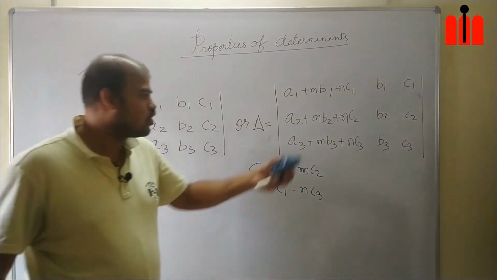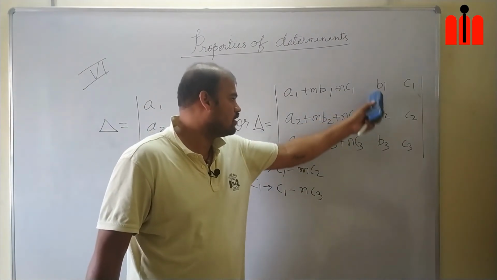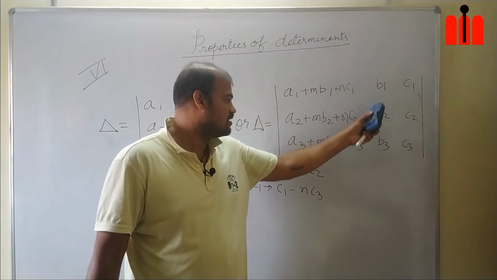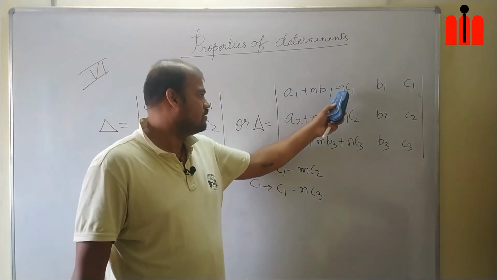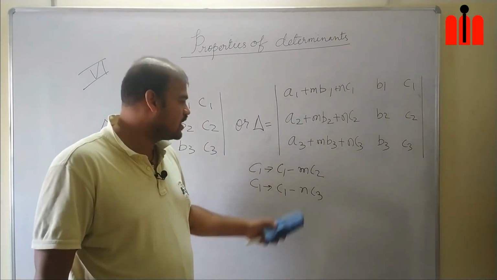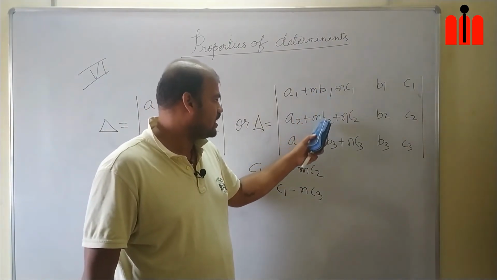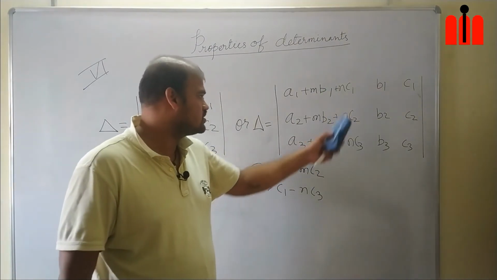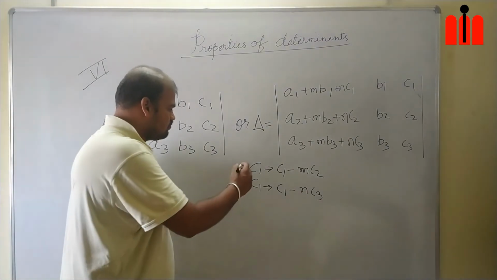That means column 1 minus m times column 2. If I do column 1 minus m times column 2, then I am left with a1 plus n c1, a2 plus n c2, a3 plus n c3, because m b1, m b2 and m b3 are deducted, since that part was multiplied with m. This is one of the column operations we performed.